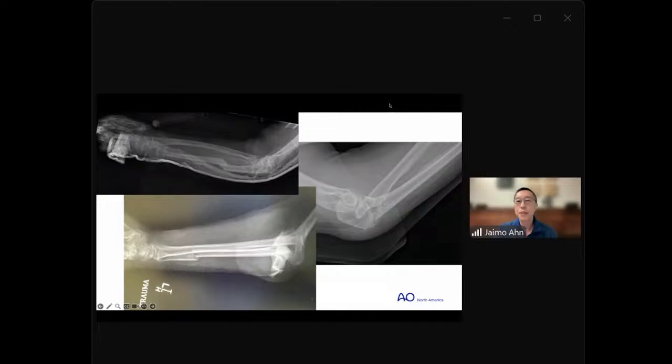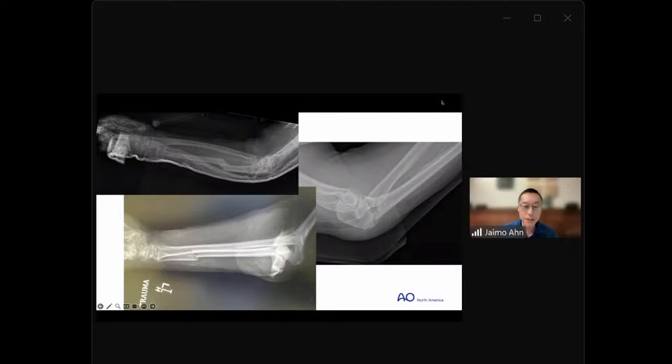And just to begin, I want you to consider these three x-rays. I'm going to give you a few seconds just to start gathering your thoughts on what you would do, what you're seeing. And I know we have varying levels of training and practice here.